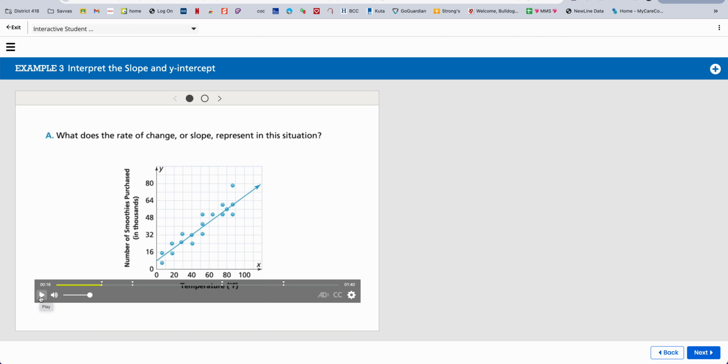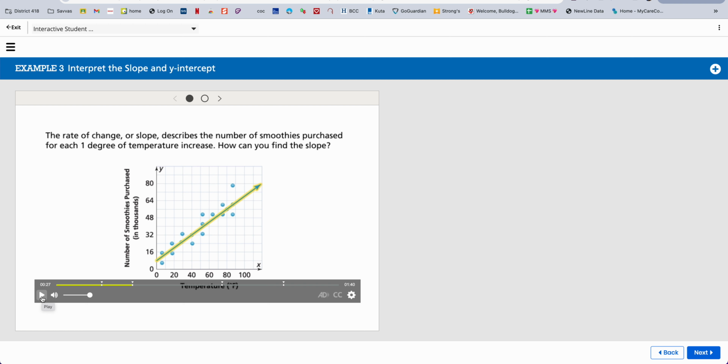The temperature. So as the temperature increases, they purchase more smoothies. More people buy smoothies. That's what the slope of the graph is telling me. You put it in terms of what the graph is labeled. So as the temperature increases, people buy more smoothies. Makes sense. Yep. The rate of change or slope describes the number of smoothies purchased for each 1 degree of temperature increase. How can you find the slope?